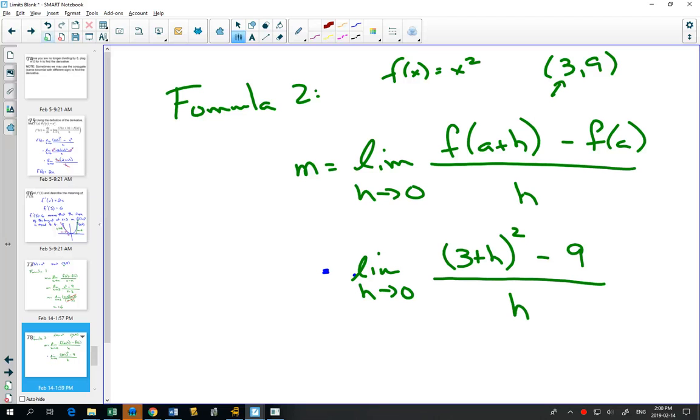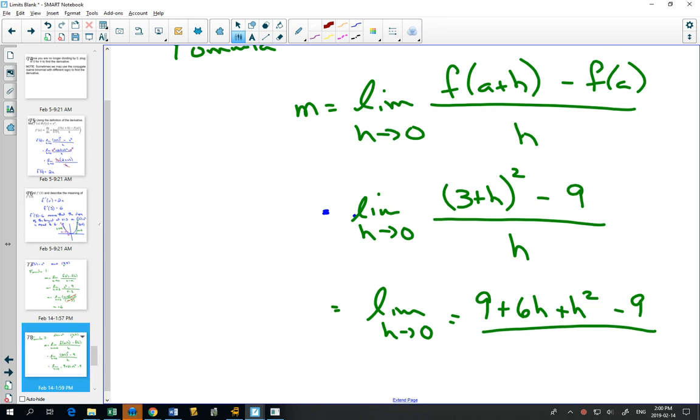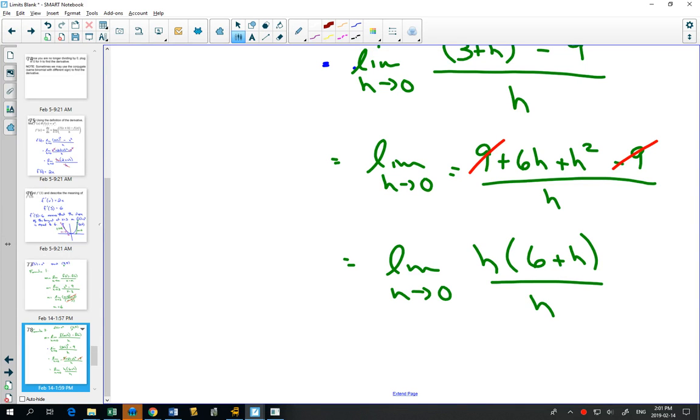And if you simplified this, the limit as h goes to 0, well, this would give you 9 plus 6h plus h squared minus 9 over h. Your 9s cancel out. You could factor out your h now. 6. And evaluate it to be 6.